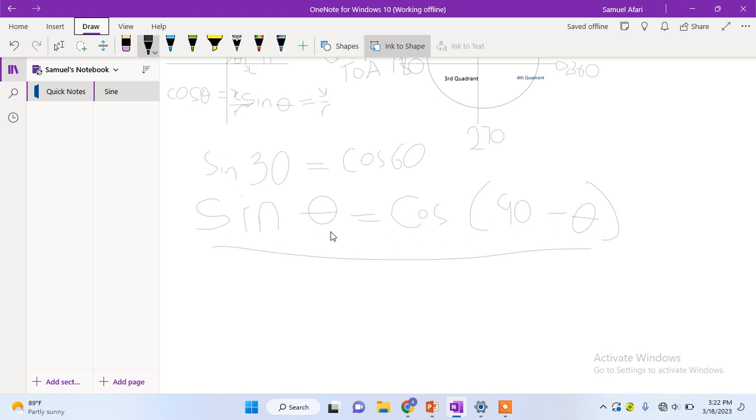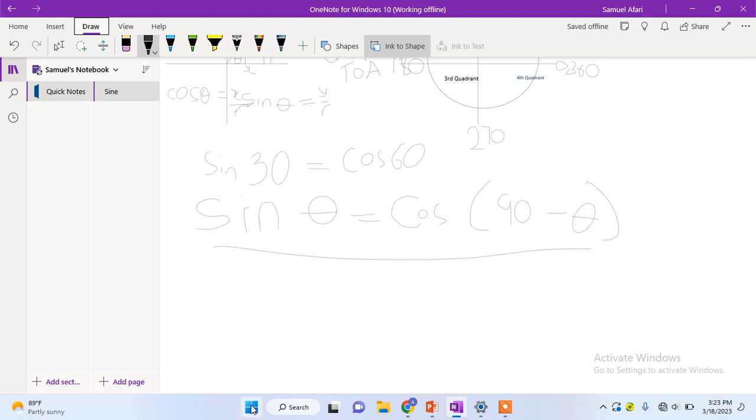This is the fact that we have. Let's say we put in 40 as our theta. So that means sine 40 is the same as what? Cos, and what is 90 minus 40? Is it not 50? Good. That is 50. So it means that sine 40 is equal to cos 50.